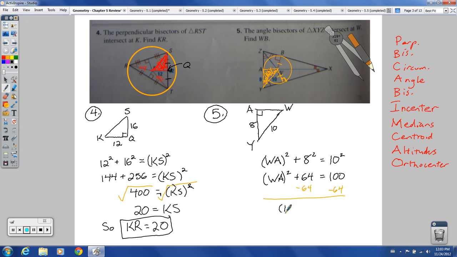Left with WA squared equals 36. Take the square root of both sides, and you got your answer. WA is going to be 6. At least you got your answer for WA. And because WA and WB are the same, WB is also going to equal 6.